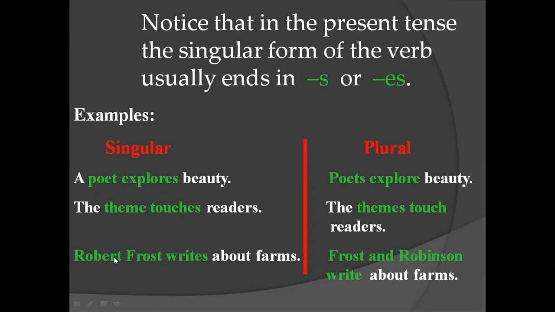You see here Robert Frost, he, writes about farms, with s at the end. And Frost and Robinson write about farms. In plural, you can see there are no s or es endings.